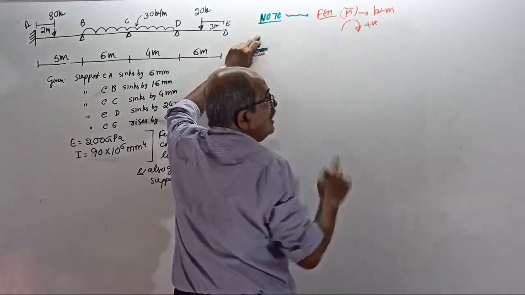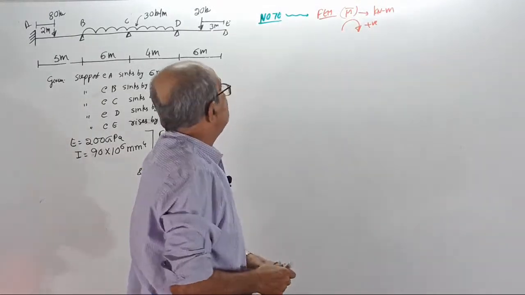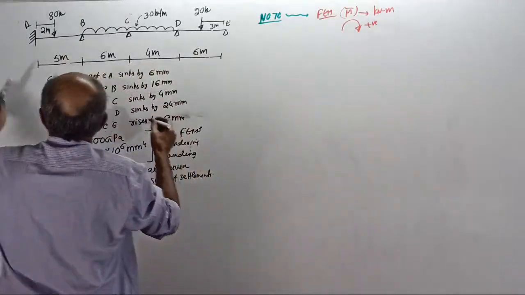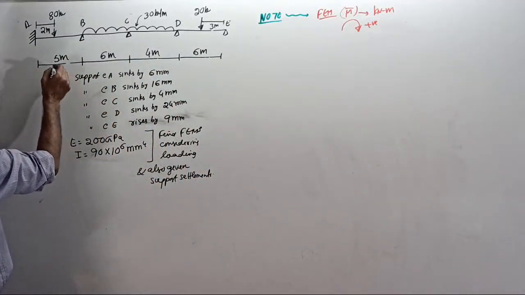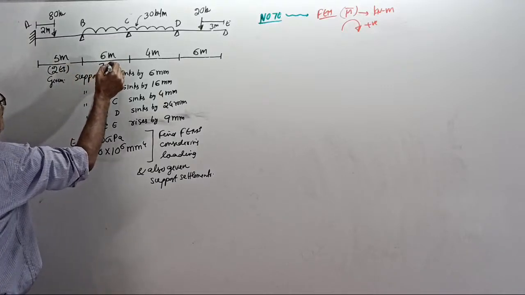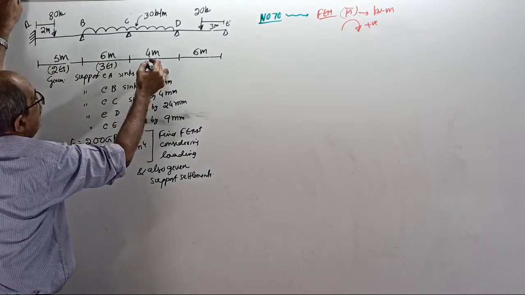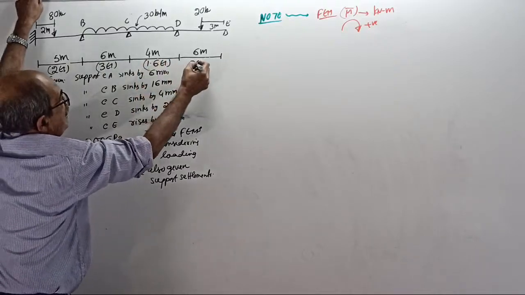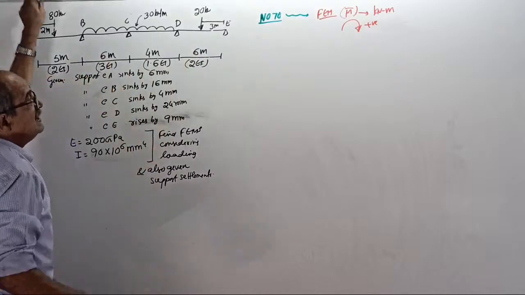I told you, I won't repeat once again. This is the master example. Then one thing I forgot, I will write something else here. See, 2EI, 3EI, I'll change the EI also. This is 1.6 EI. This is 2 EI. I forgot to change EI in the question given.